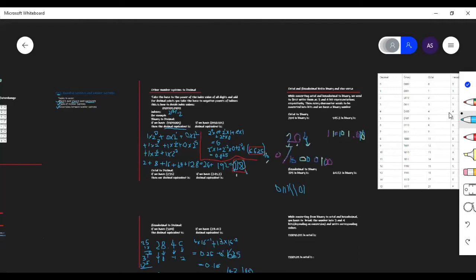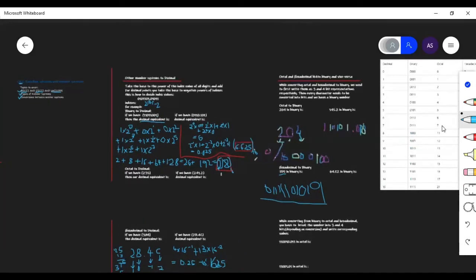And 5 would be 0101. Okay, so this is our binary for the hexadecimal number. Now we do this one, 64.2.